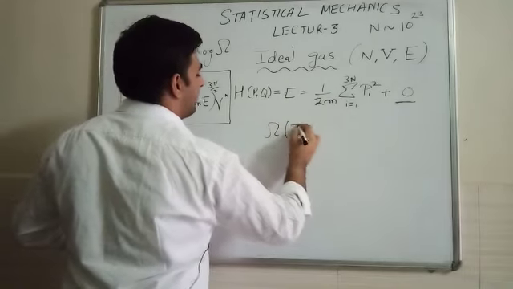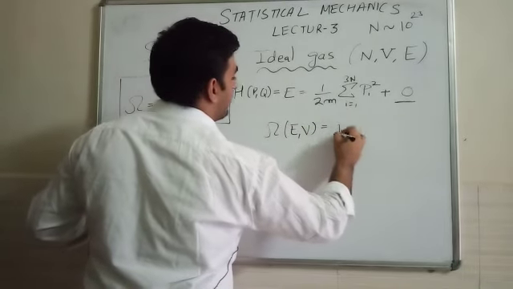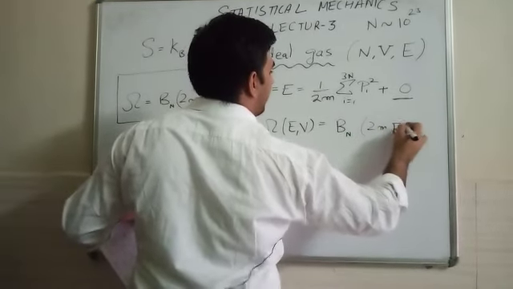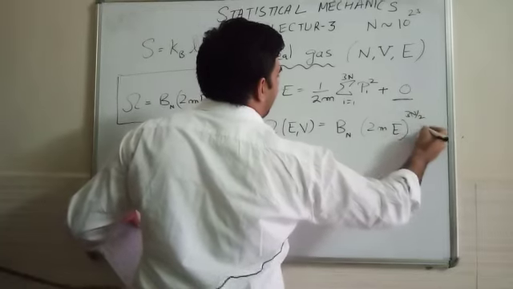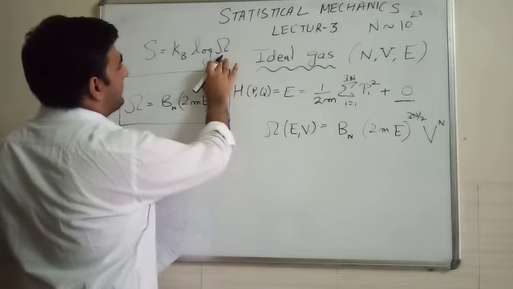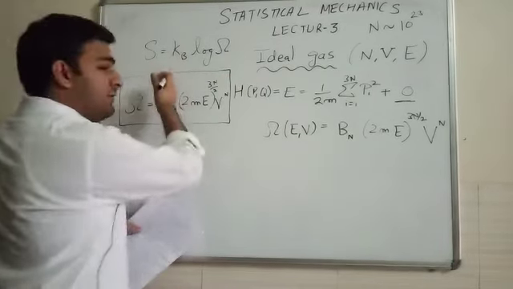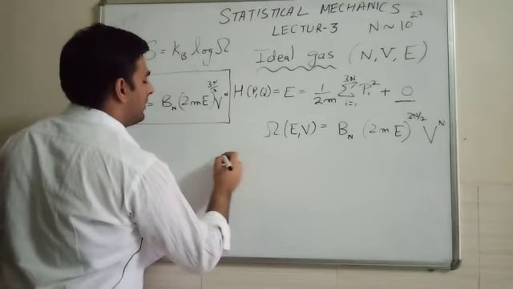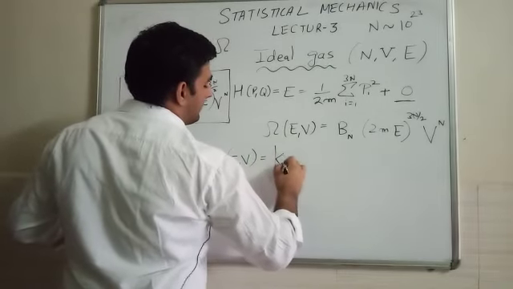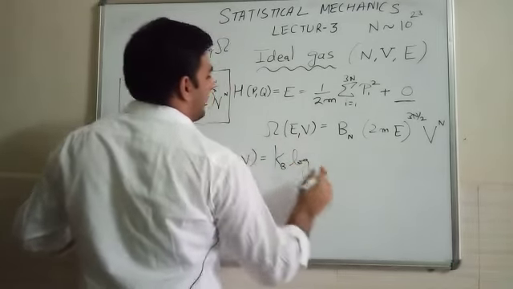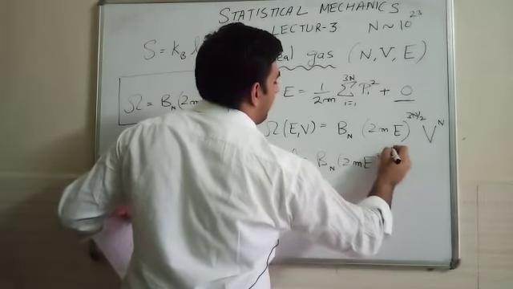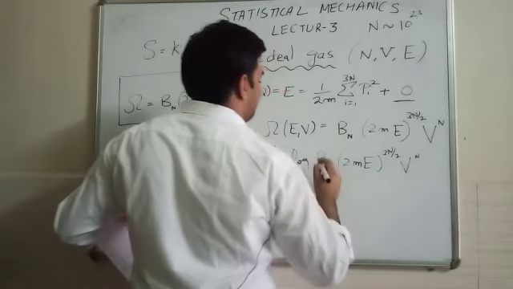So omega as a function of E and V is equal to Bn, a constant that depends on the geometry, times (2mE) raised to the power 3n over 2, and the volume V raised to the power n. So let's calculate the entropy. Since omega is a function of energy and volume, the entropy will also be a function of energy and volume. So S as a function of E and V equals the Boltzmann constant times the natural log of omega, Bn times (2mE) to the power 3n over 2, times V to the n.